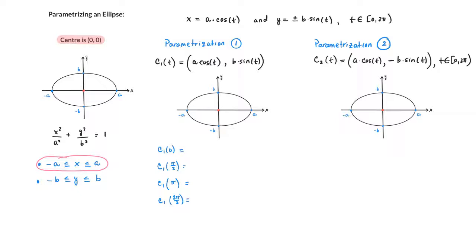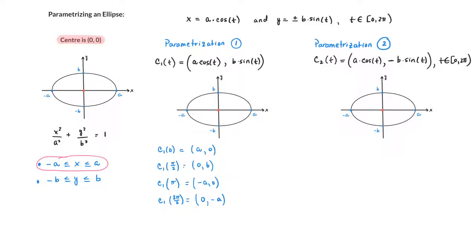So c sub 1 of 0, in the first case, is going to give us the ordered pair a comma 0. And then when I substitute pi over 2, I'm going to get 0 comma b. And then for pi, negative a comma 0. And then for 3 pi over 2, 0 comma negative b.